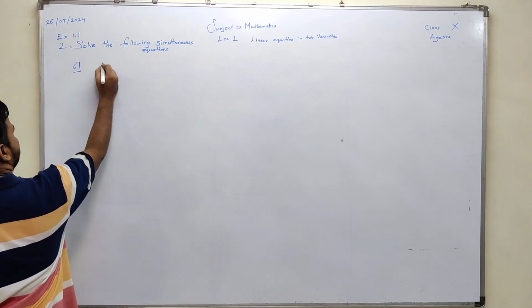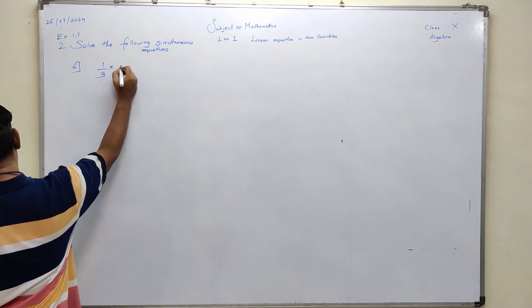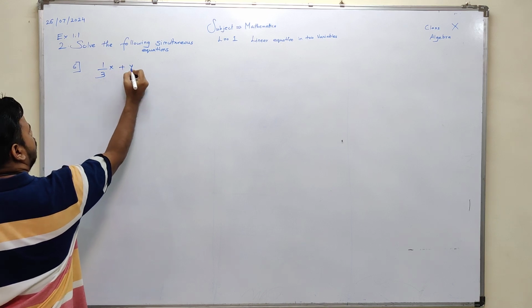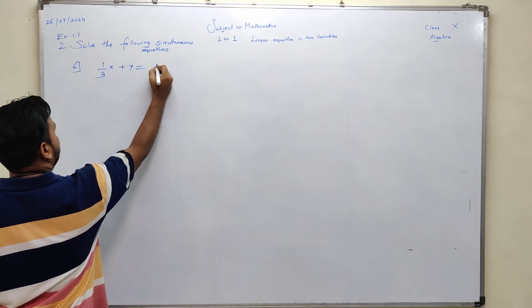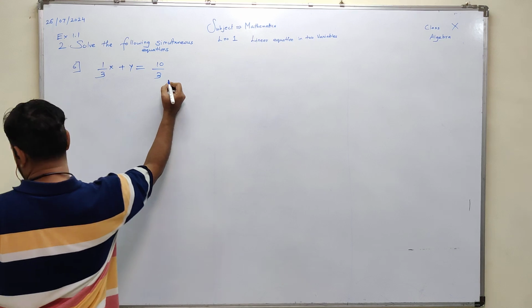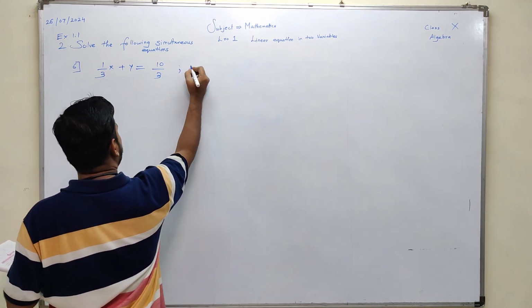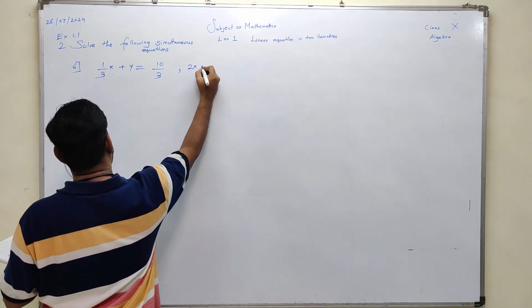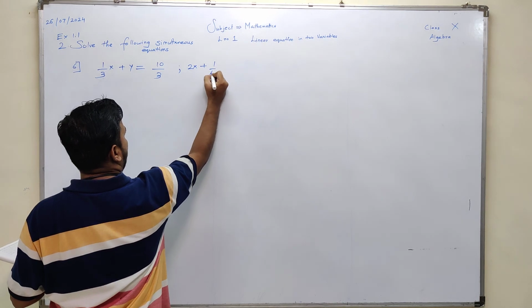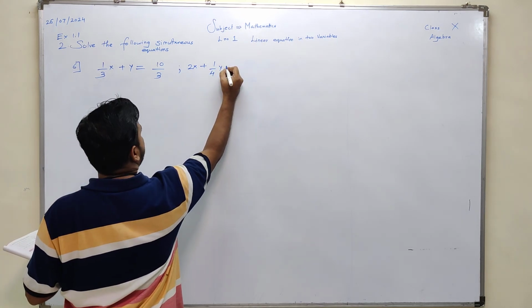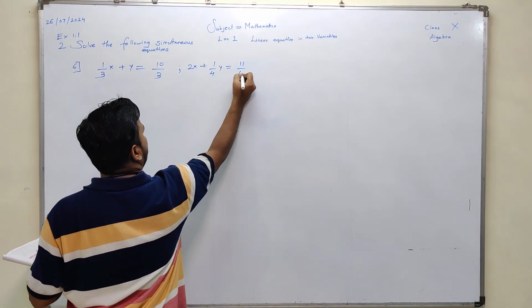Example number 6, that is 1 upon 3x plus y is equal to 10 upon 3. The second equation is 2x plus 1 upon 4y is equal to 11 upon 4.